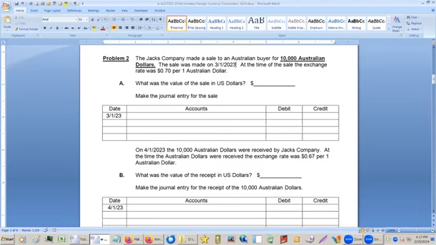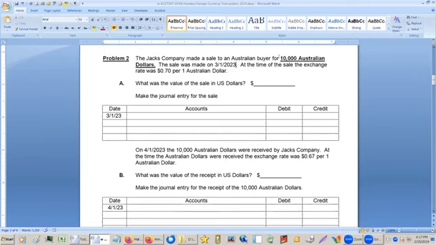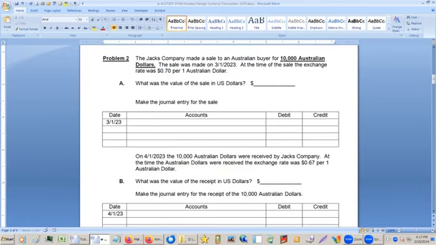Okay, so what was the value of the sale at the time of the exchange? It would just be 10,000 times 0.7. Was that 7,000? I think 7,000. Yep. So 10,000, I'll put an AU in front of this. That's Australian.